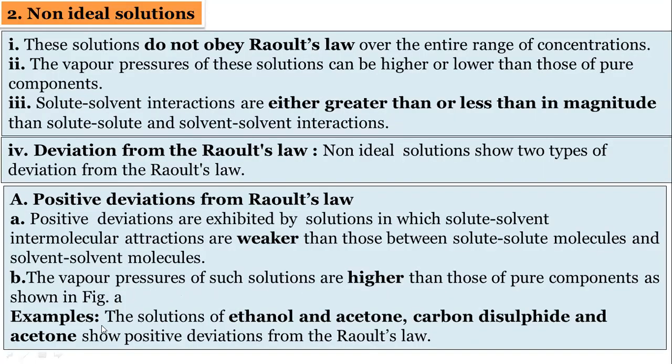So, the examples of positive deviations and negative deviations. See the examples of positive deviation first. Examples are the solutions of ethanol and acetone, then carbon disulfide and acetone. These show positive deviations from Raoult's law.